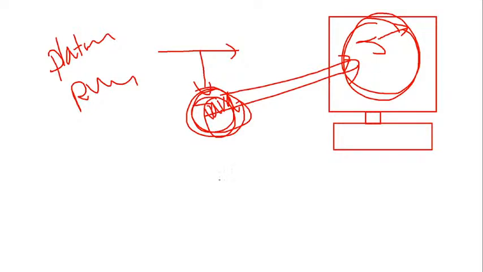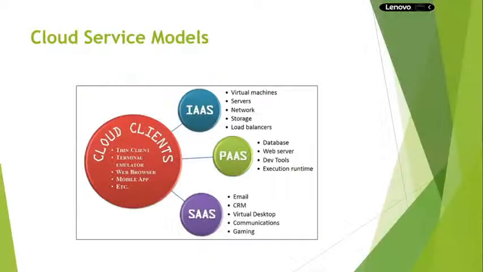Clear? Next thing is SaaS. In our day-to-day activities in the organization, we are already using software as a service. Could you please tell me the best example for software as a service? Anyone?